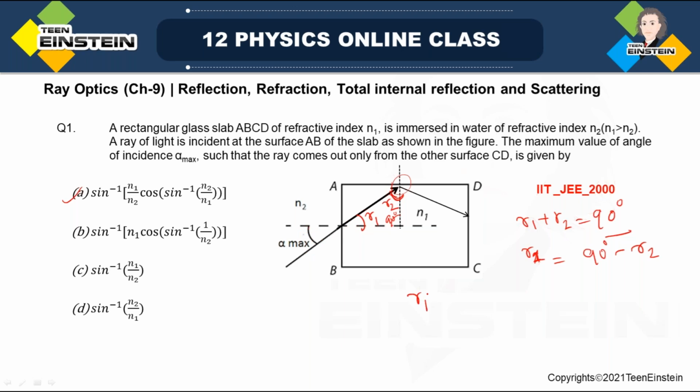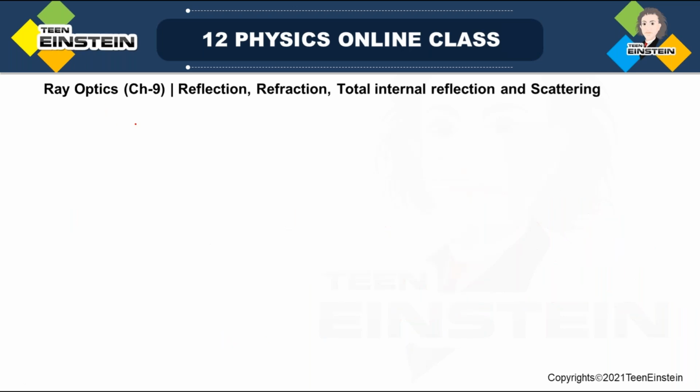R1 has to be max. If this becomes maximum, then R2 must be minimum. Let us say R2 minimum, we have R1 to be maximized, R1 equals 90 minus R2, and R2 has to be minimum.